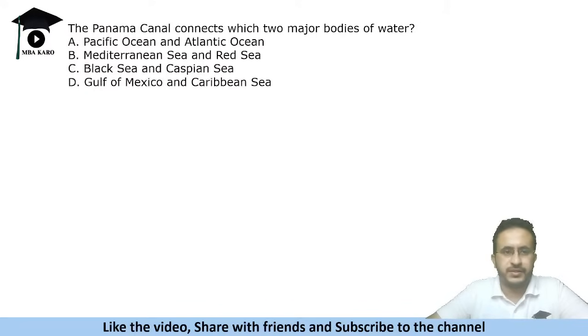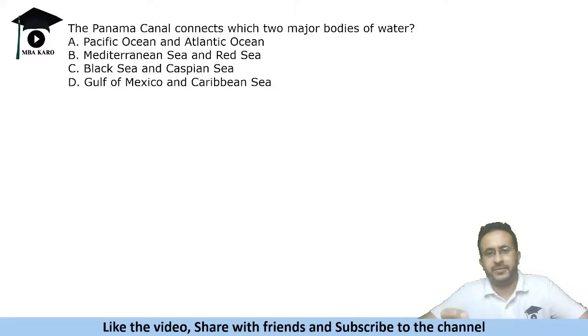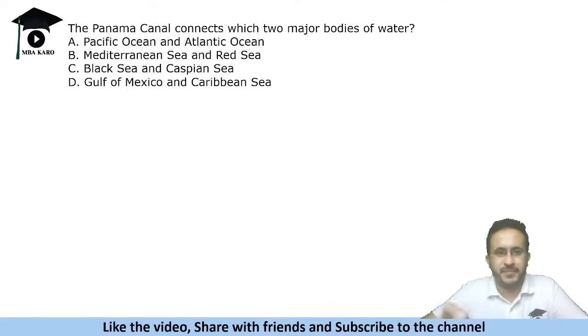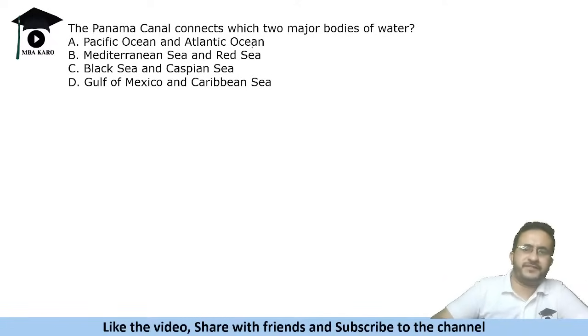Next. The Panama Canal connects which two major bodies of water? Such connecting or separating water bodies, you should read about that. Panama Canal. So it is the two largest oceans, Pacific and Atlantic Ocean.